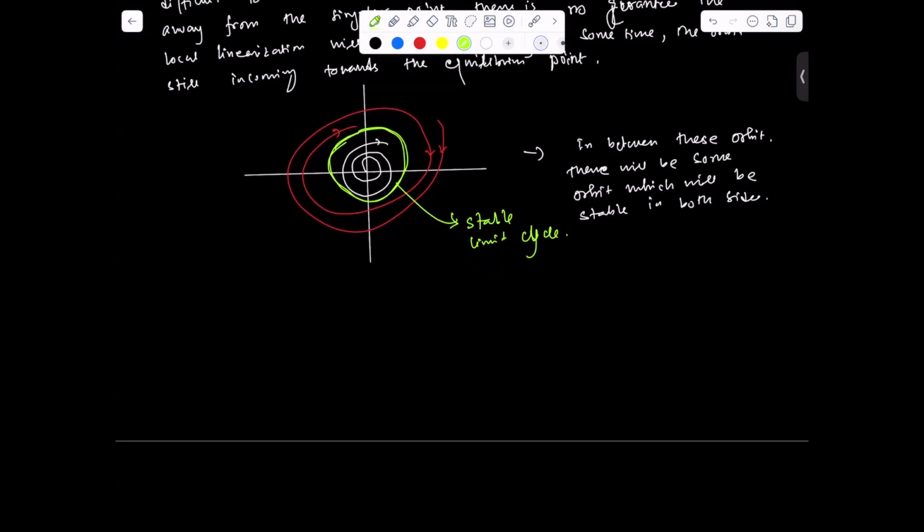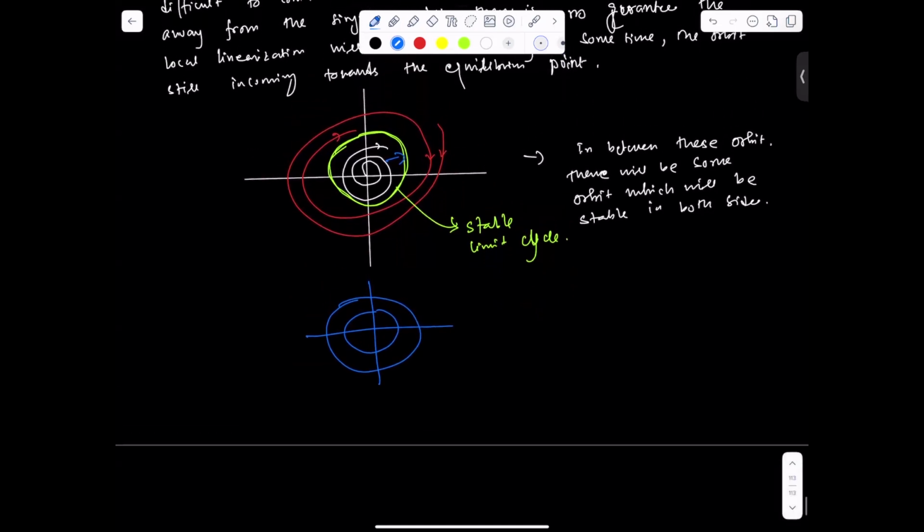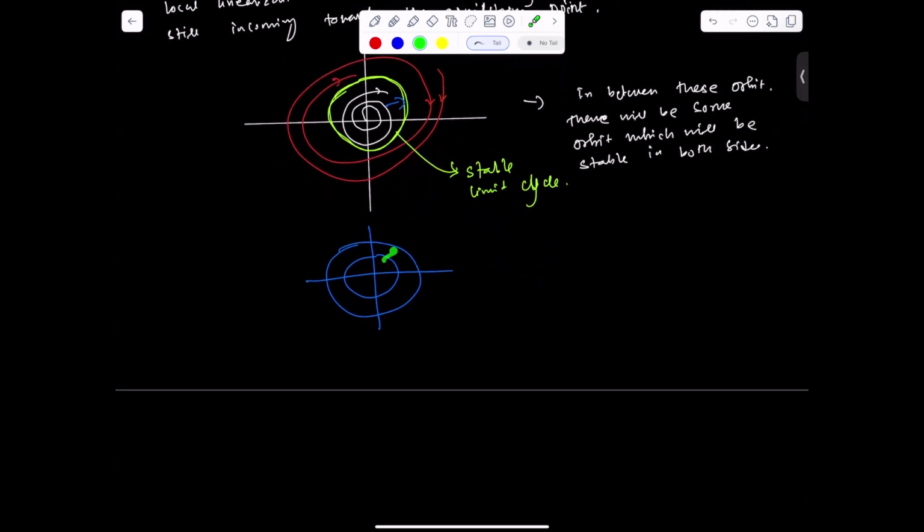And if, due to the perturbation, you have a different kind of circle like this, it may deviate to another orbit, and this kind of orbit is called unstable.